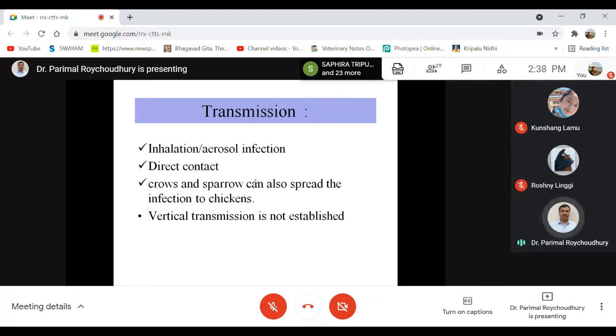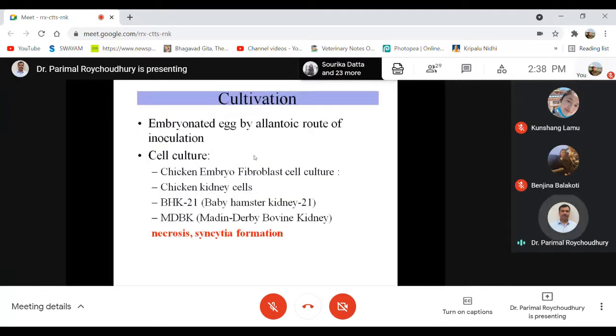Till now, there is no vertical transmission established for the disease. Means through egg, it cannot transmit. As you know, in case of poultry, it's a very common mode of transmission. So many viruses are transmitted through embryonic eggs.